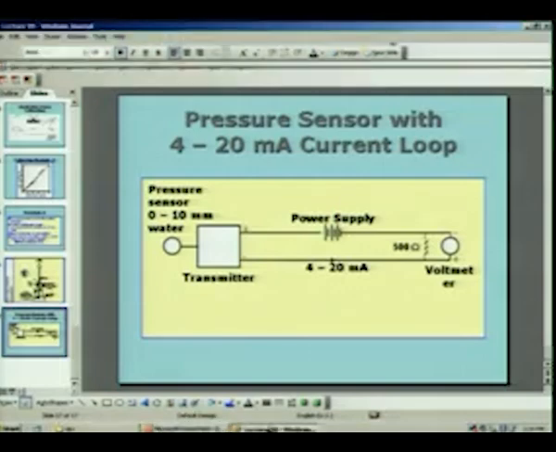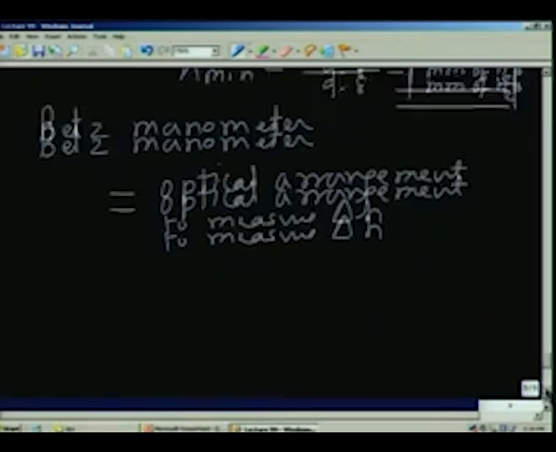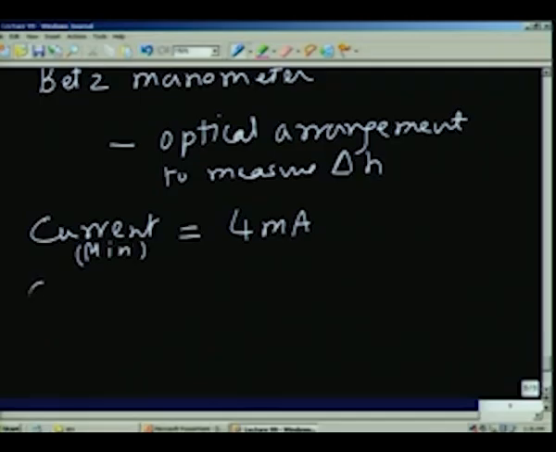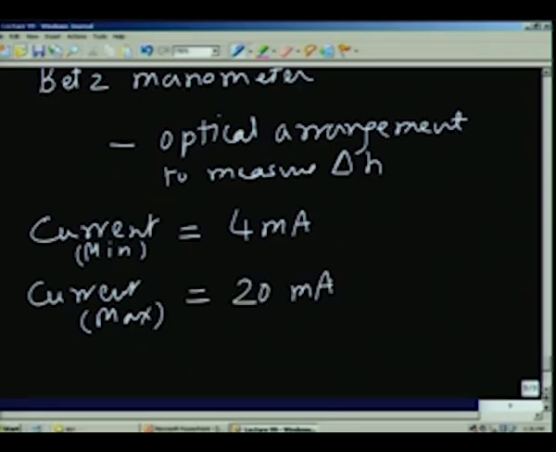So, we have the current minimum equal to 4 milliamperes and the current maximum equal to 20 milliamperes, and I am using a 500 ohm resistance.